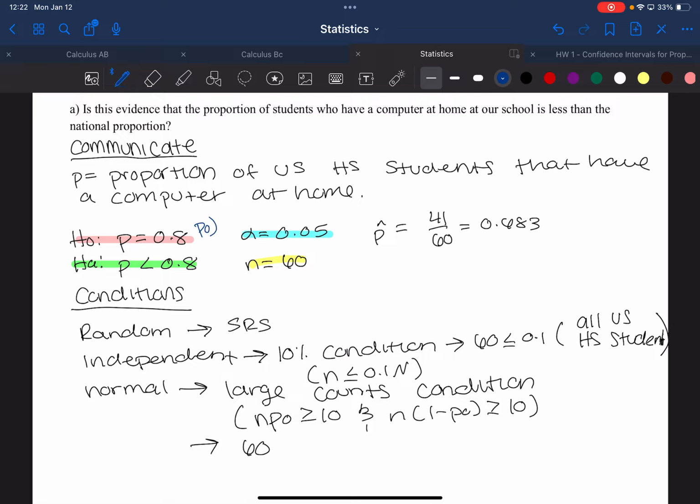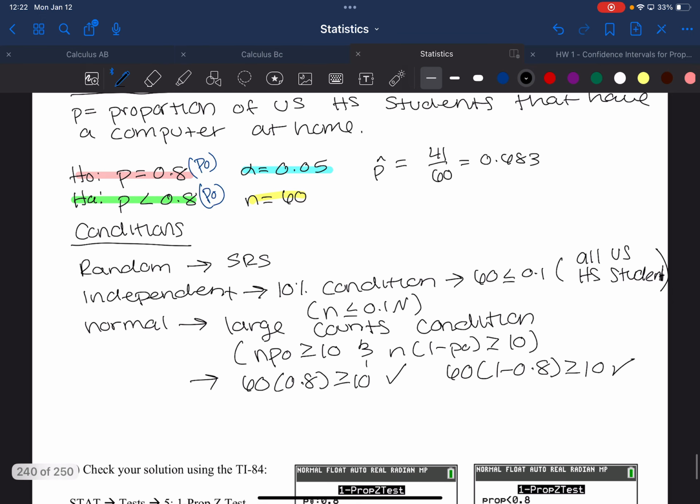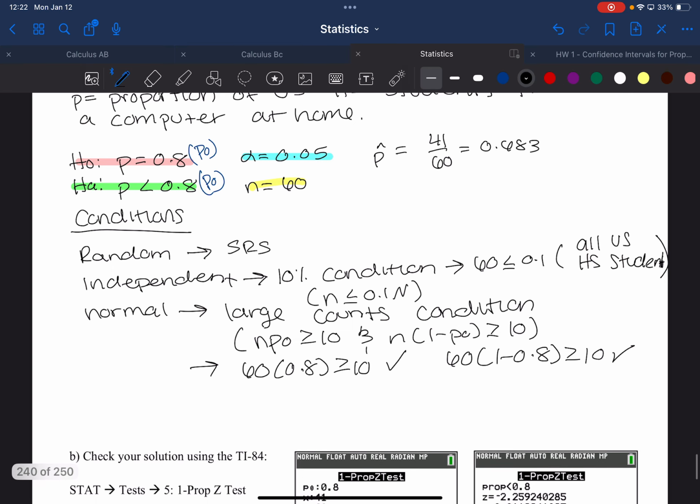This is P naught. So 60 times 0.8 is greater than or equal to 10. I agree. And 60 times 1 minus 0.8 is greater than or equal to 10. I agree. You don't have to do any math there because they're going to be met. If not, you plug it into Desmos: 60 times 0.8, 60 times 0.2.